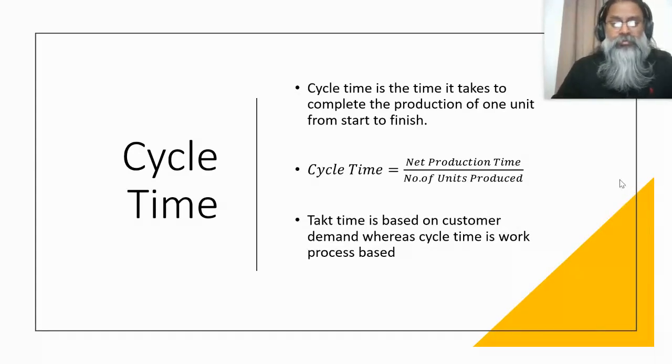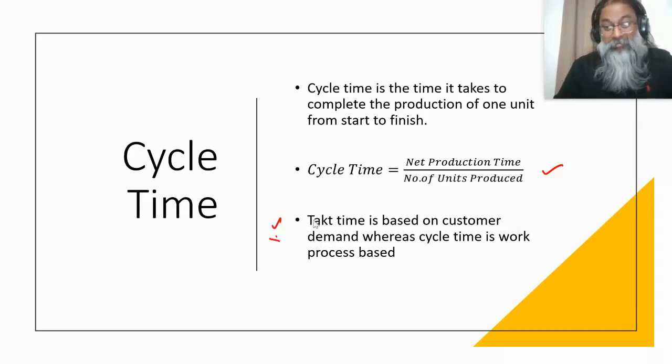Now, this particular equation is simple and very easy to calculate, but if you want to solve production related issues and reduce bottlenecks in your process, this equation will not be as effective as you'd like it to be. So we'll see a different approach of finding cycle time.